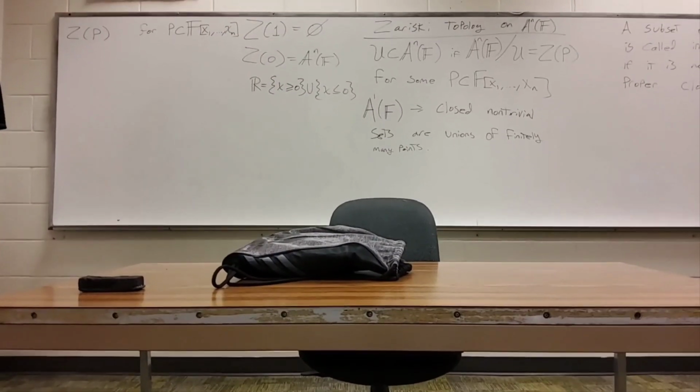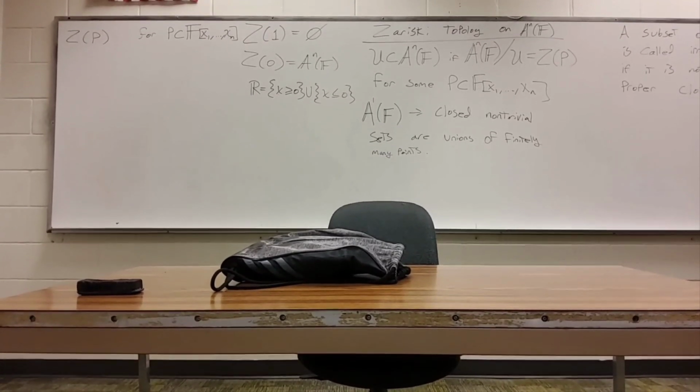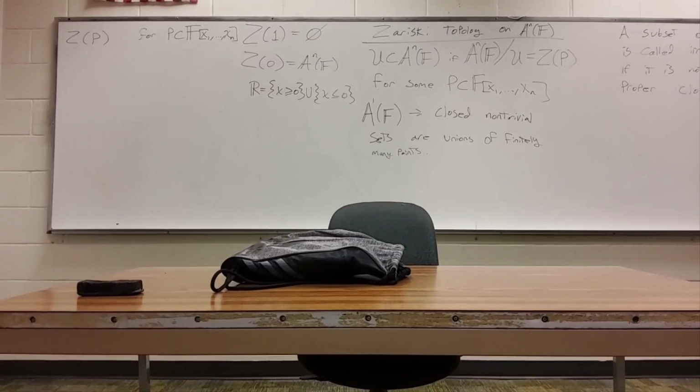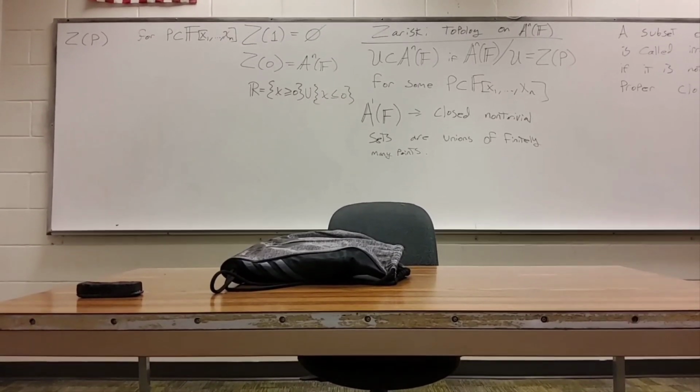And just like we were able to define the polynomials on all of affine space, we should also be able to define the polynomials on these spaces. What should the maps on these spaces into the field look like?